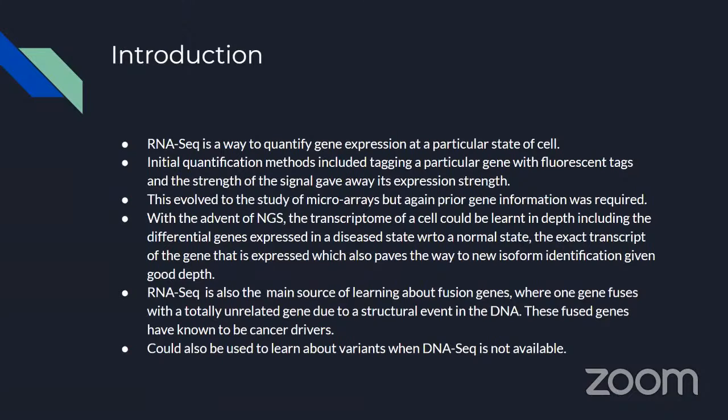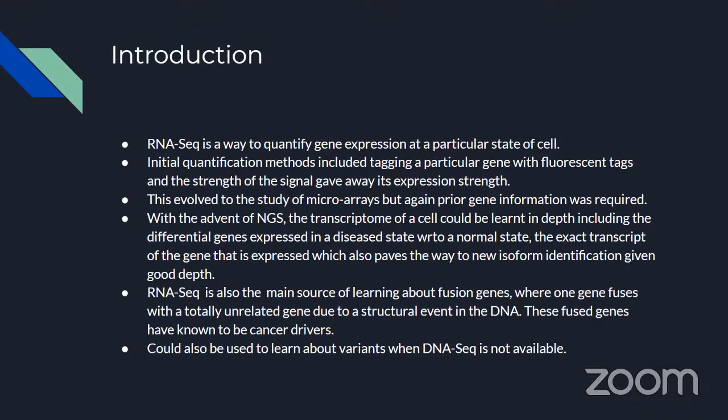What happens in fusion genes is that a few parts of a gene from one gene actually fuse with another part of another gene. So the underlying event is actually a structural event. For example, it could be a deletion, a replication, a translocation, or an inversion. But the best part is that RNA-seq, since it is a transcribed version of the structural event, could give us a really good idea about these particular fusion genes.